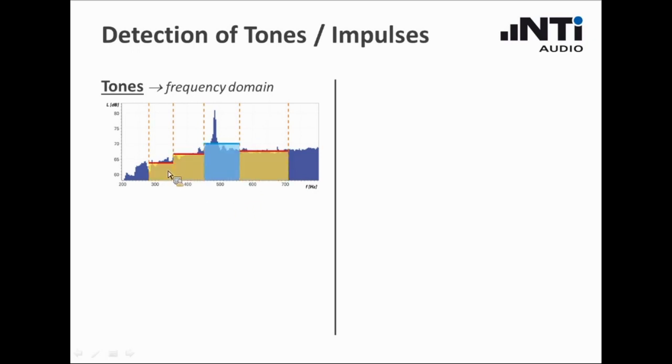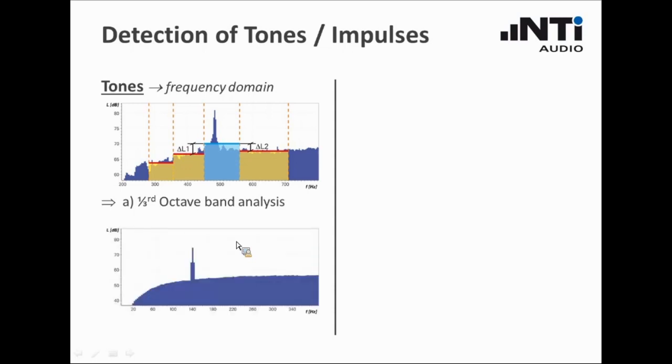And then we can calculate the levels per band, and we can identify whether one band stands out, which means that the difference between this band with this apparent tone is higher than the levels of the adjacent third octave bands. To say it very roughly, this is the so-called third octave band analysis. This is one approach to identify tones in the spectrum.